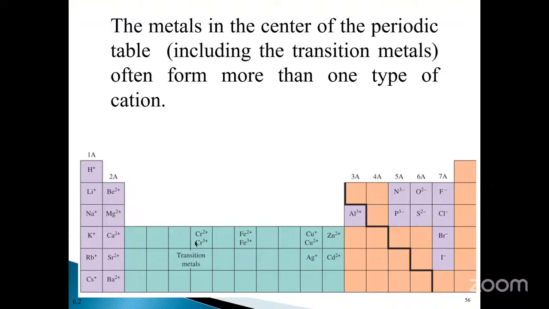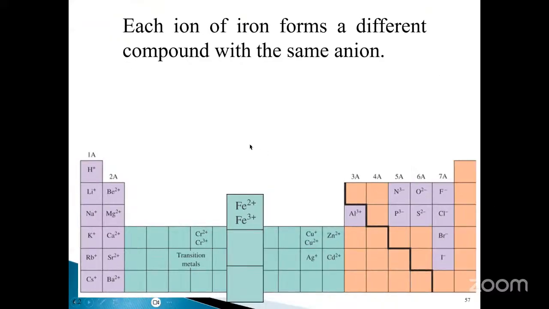There is one type that carries a +2 charge, and another type that carries a +3 charge, right? So we have to take that into account when these ions are involved. Another example is iron. It can exist as a +2 ion or a +3 ion, all right? Those are some things that we have to take into account when you're naming these compounds.